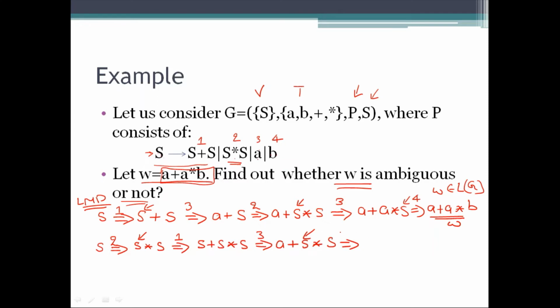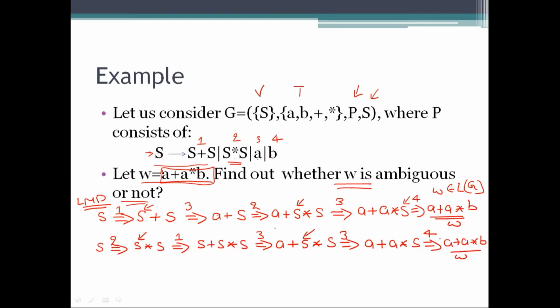Again we use the third production rule: A plus A asterisk S. Next, the fourth one is used: A plus A asterisk B.